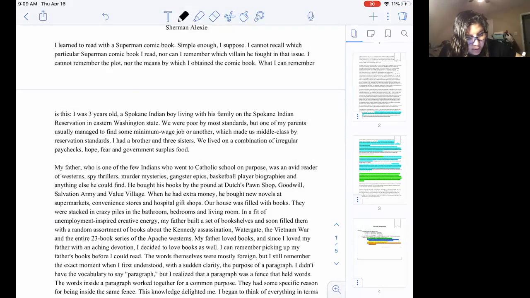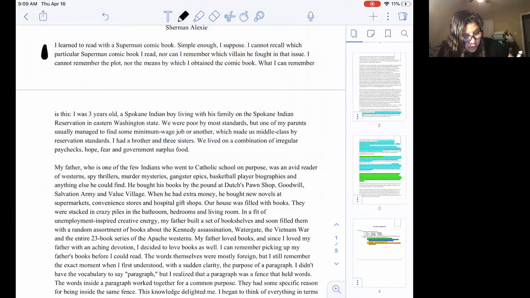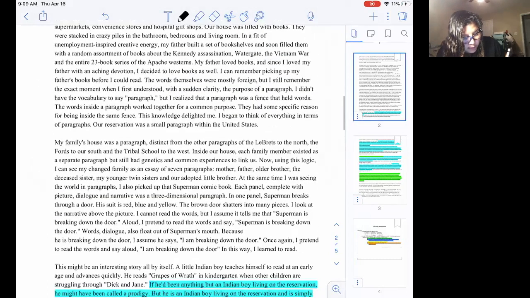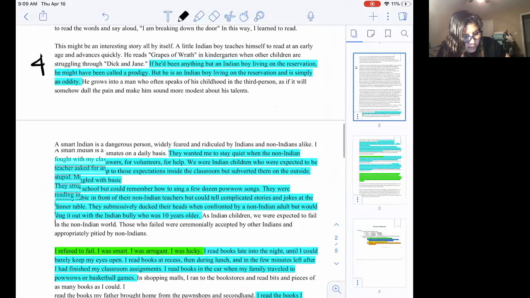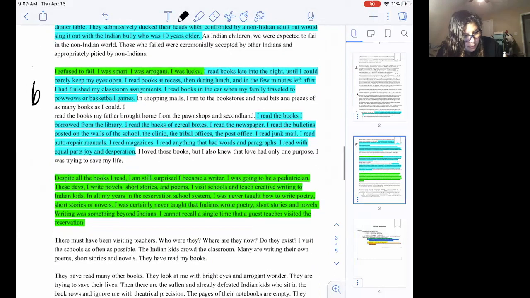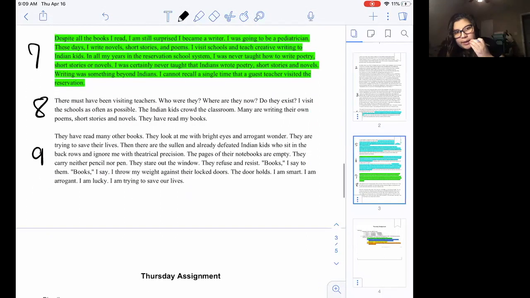So you have one, two, three, four, five, six, seven, eight, nine. So there are 9 body paragraphs.